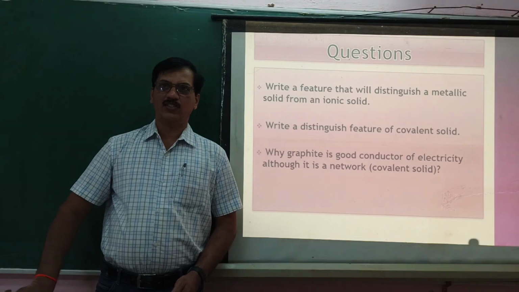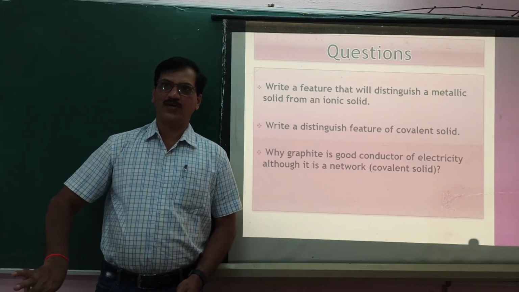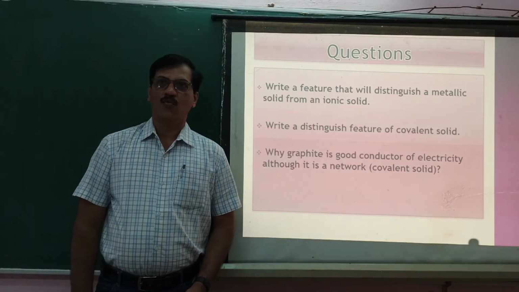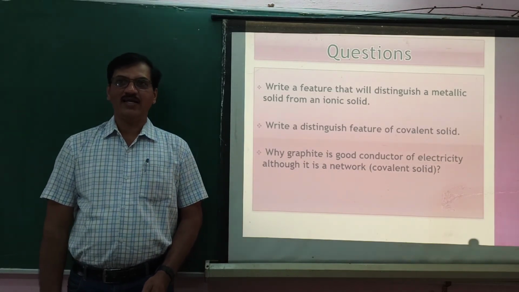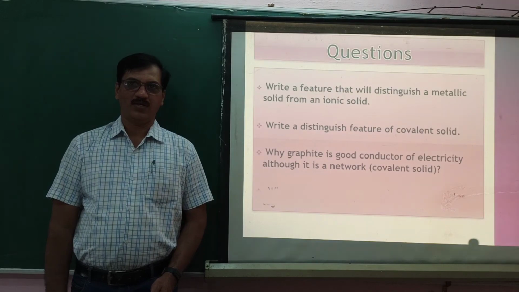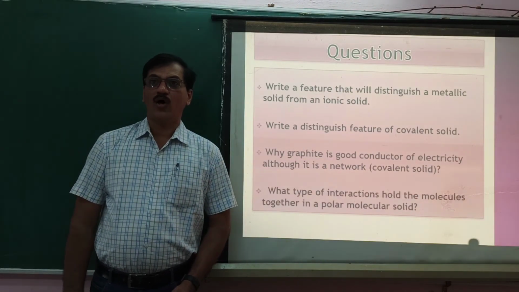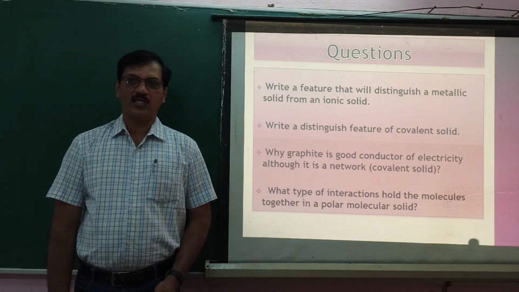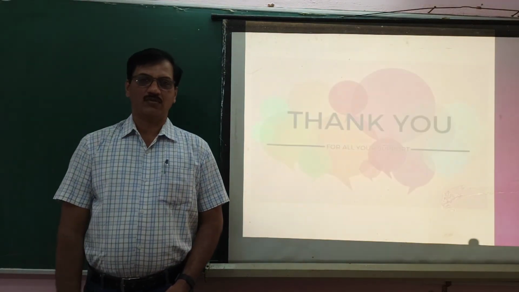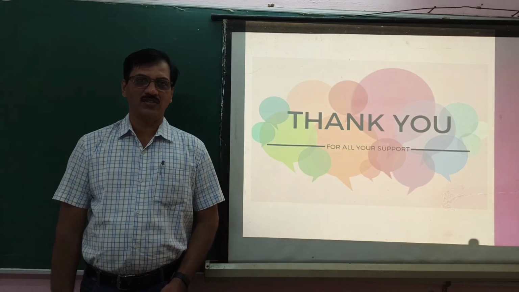Write the distinguishing feature of a covalent solid. Why is graphite a good conductor of electricity although it is a network covalent solid? What type of interaction holds the molecules together in a polar molecular solid? So you look into the answers to these questions.